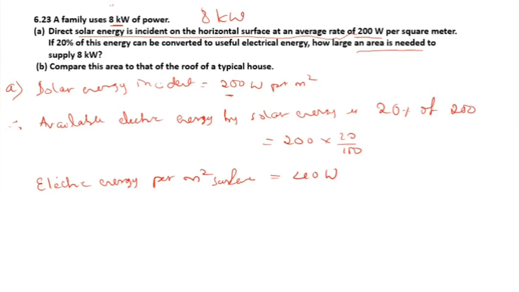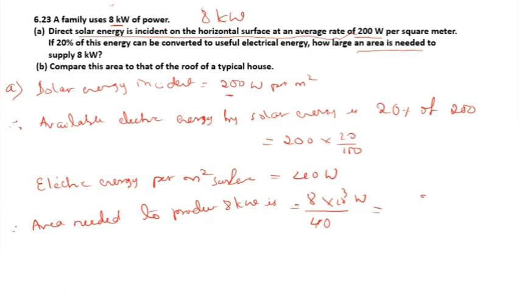Therefore the area needed to produce 8 kilowatt is 8 into 10 to the power 3 watt divided by 40 watt per meter square.